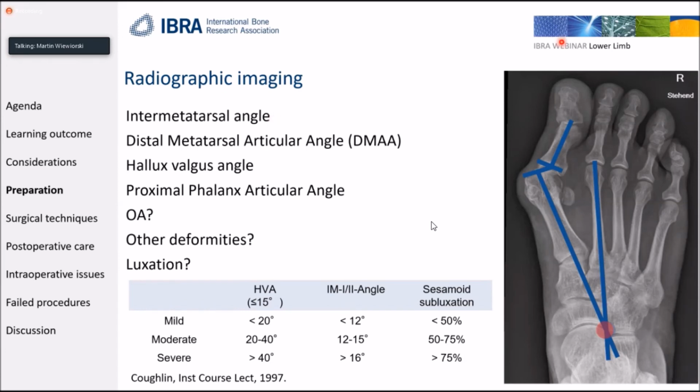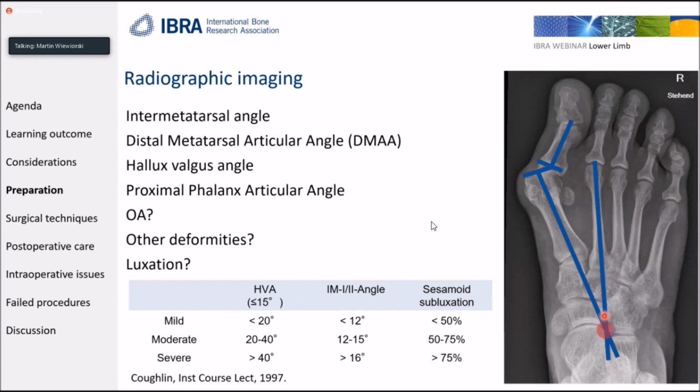And of course, this is between the lines drawn along the first and second diaphysis of the metatarsals. Also take a look at this, because I think this is really important: the center of rotation of this deformity is basically all the way here in the naviculocuneiform joint.